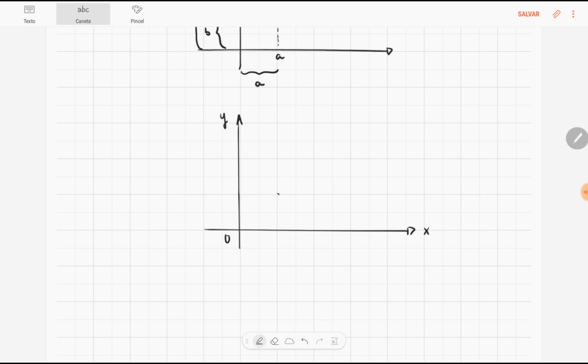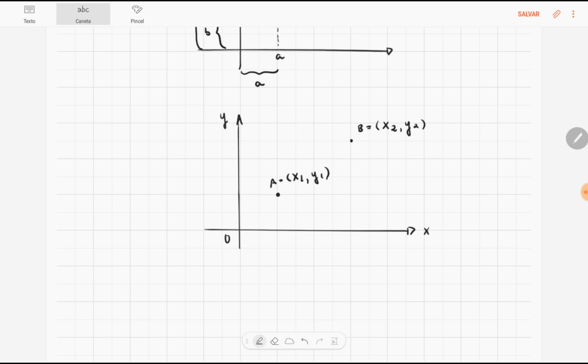Let's suppose I have a point here, this point is A, and another point here, this point is B. And let's suppose that A is equal to x1 and y1, and B is equal to x2 and y2.